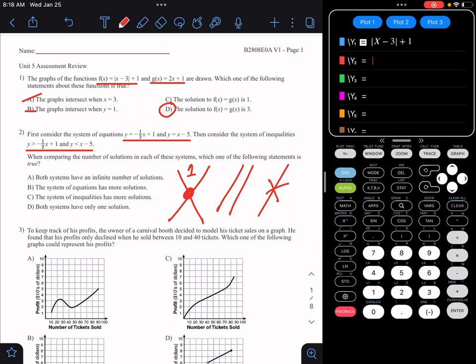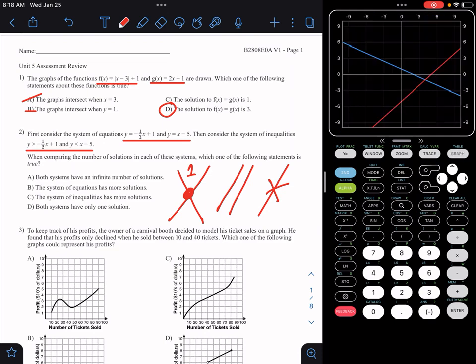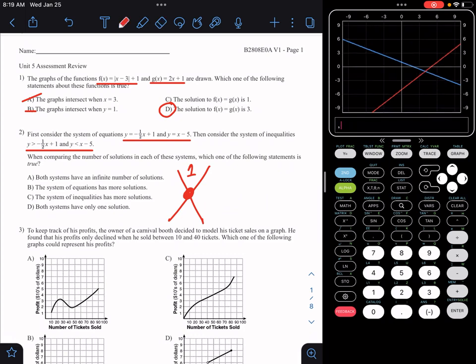Let me type that in to see what it looks like. So we would have negative 1/2 x plus 1, and for the second one we would have x minus 5. And let's see a picture of what this looks like. Okay, so there's one solution. And now when we're talking about systems of inequalities, the first one looks something like this, and it's a greater than symbol, so we would shade above.